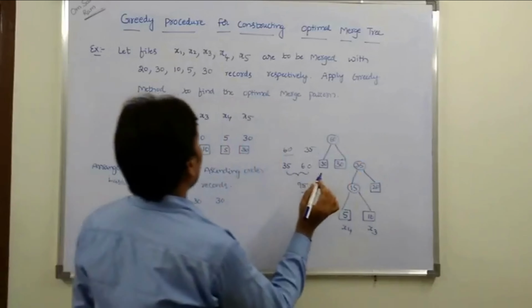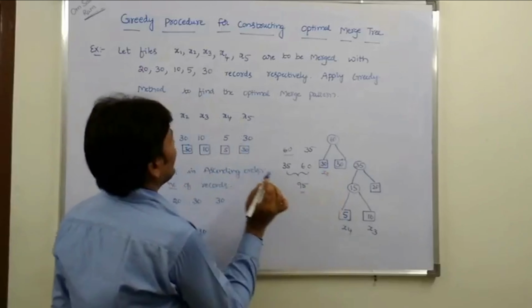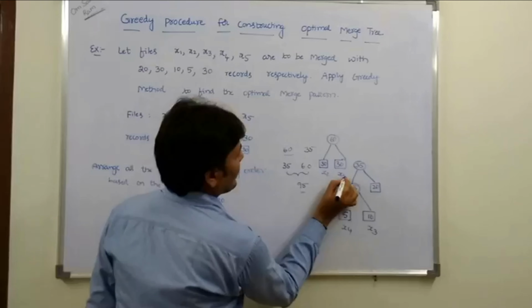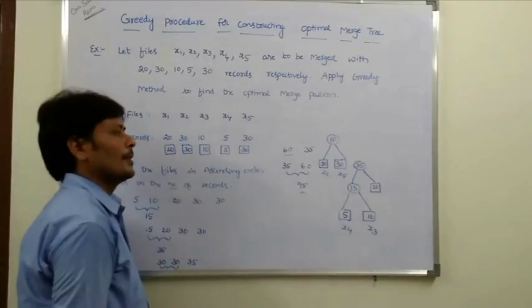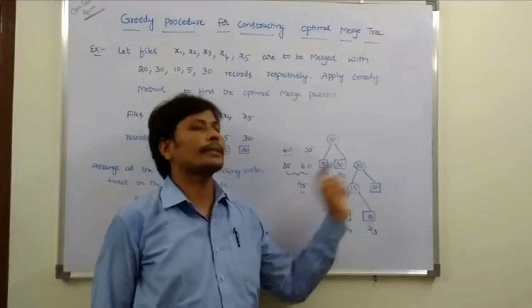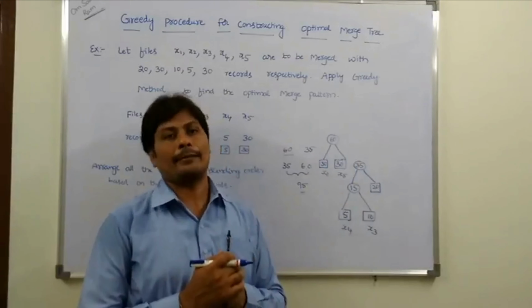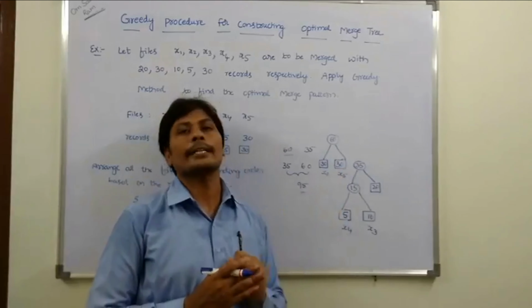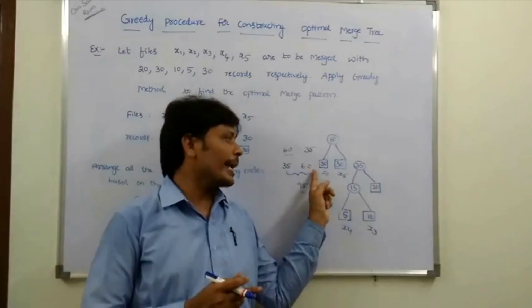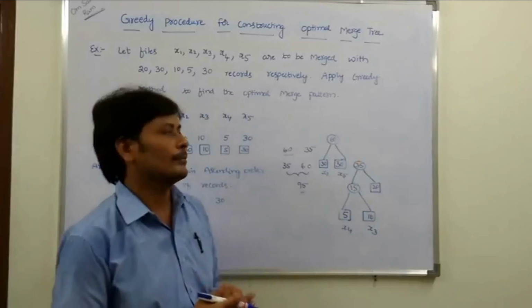Here one 30 is x2 and another 30 is x5. When we compare 30, 30 with 35, 30 is less than 35. So 30 is placed on the left side of 35.